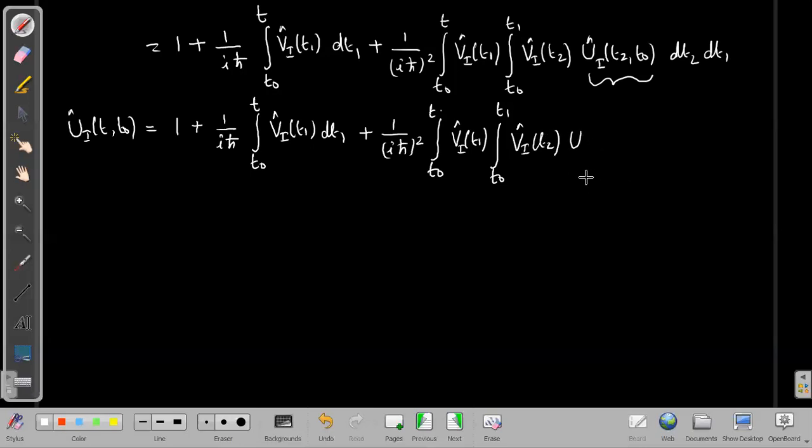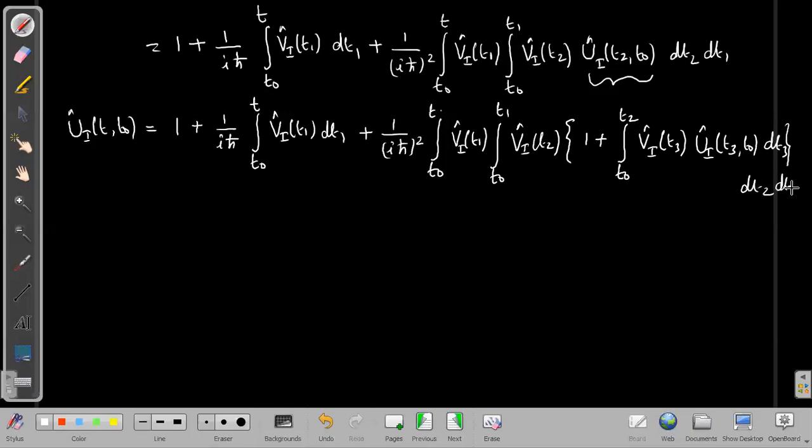Now this UI I can write as 1 plus the integral t0 to t2 of VI(t3) UI(t3, t0) dt3, times what is already there, dt2 dt1. So this is the curly bracket.